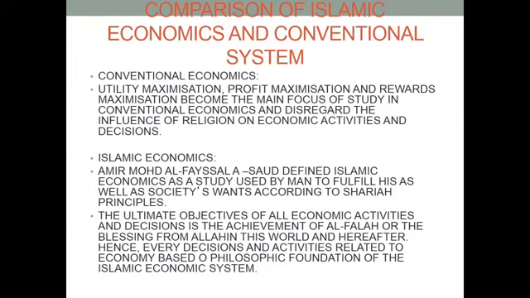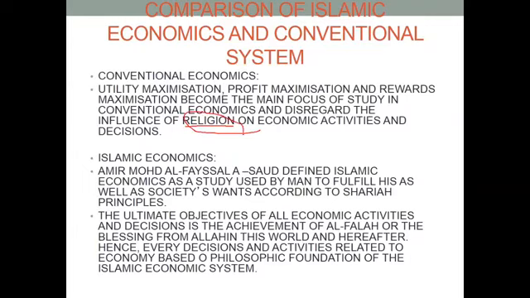Now let's look at the comparison of Islamic economics and the conventional system. In conventional economics, utility maximization, profit maximization, and reward maximization become the main focus of study and disregard the influence of religion on economic activities and decisions.